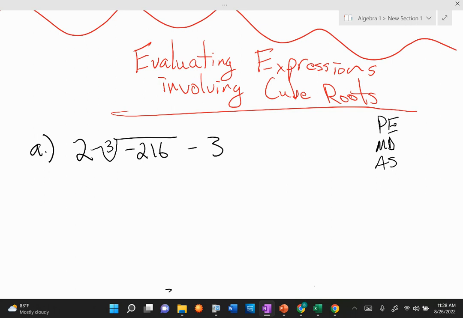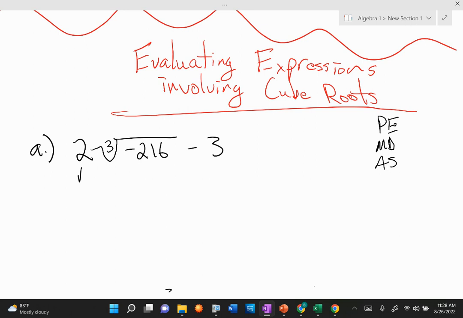So you would have the number negative 216 to the power of 1/3, which is the same thing as saying the cube root. Now we don't show that to you right here. You'll see that sort of stuff in Algebra 2. So we're only working with the radical version. We have the cube root of negative 216. We got to do that first.